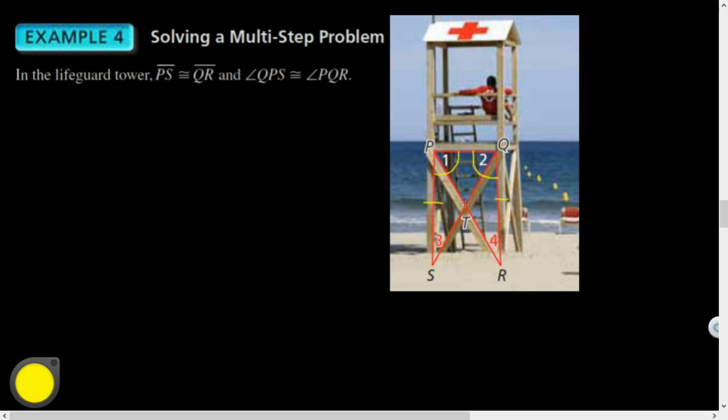And PS is congruent to QR. What do they want us to do? Did I miss the part where it asked us to do something? I'm assuming they want to. Let's see, where does this problem end? Did I cut something out of this problem? Well, just tell me things that you can know.